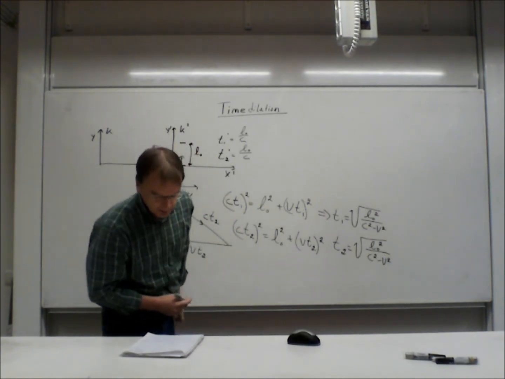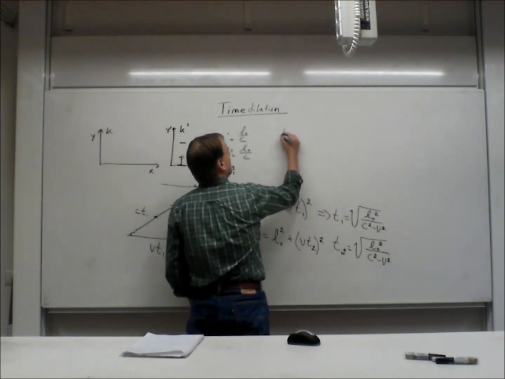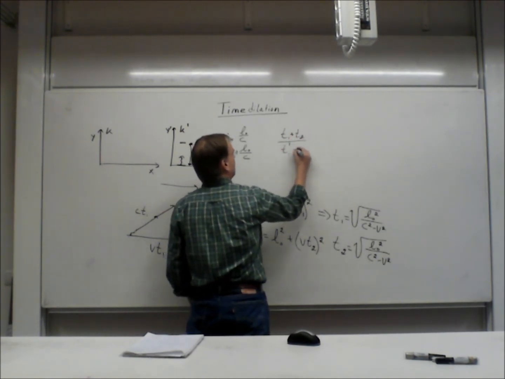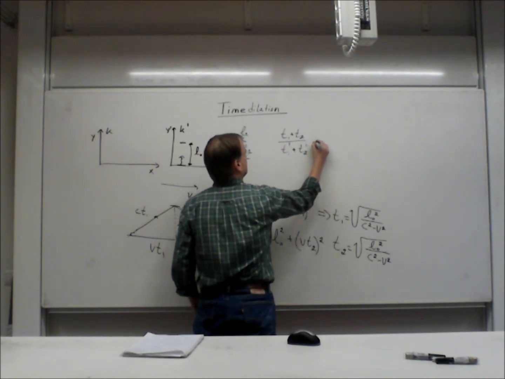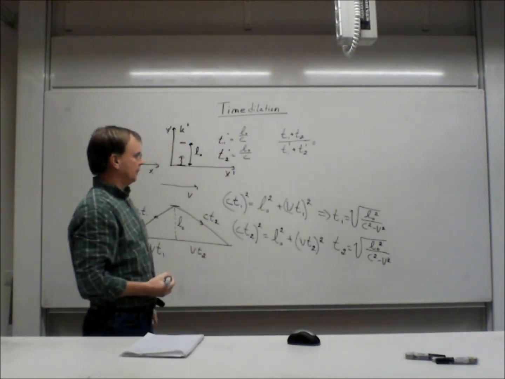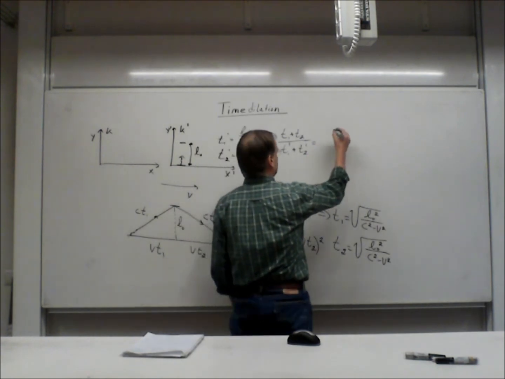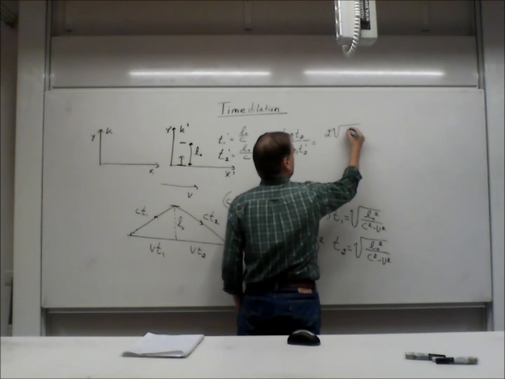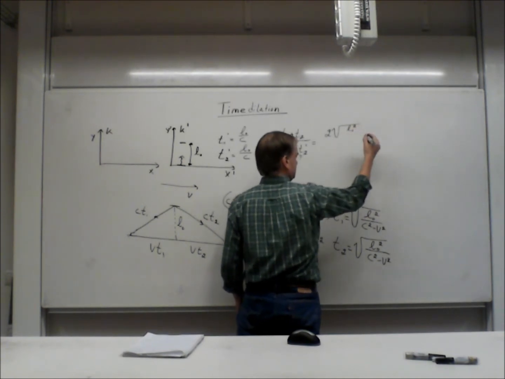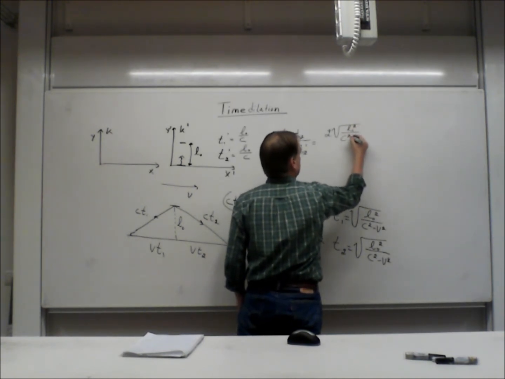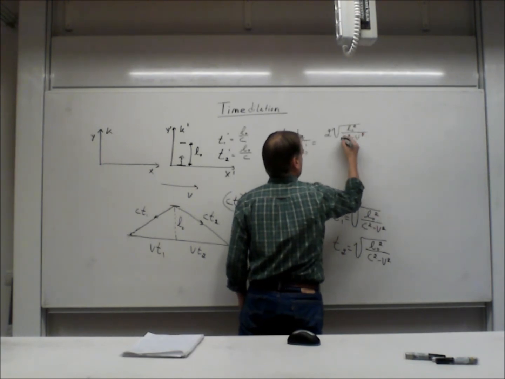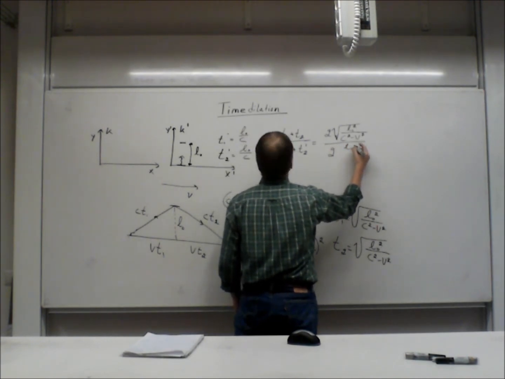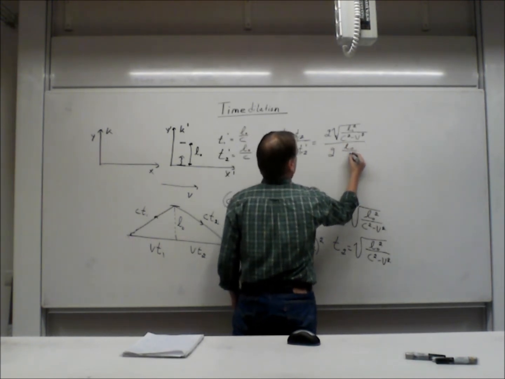And we get t1 plus t2 divided by t1 prime plus t2 prime will then be equal to 2 times the square root of L0 squared divided by (c squared minus u squared), divided by 2 L0 divided by c.